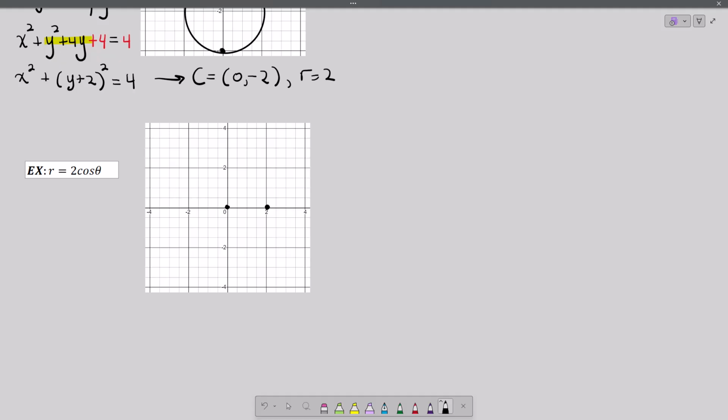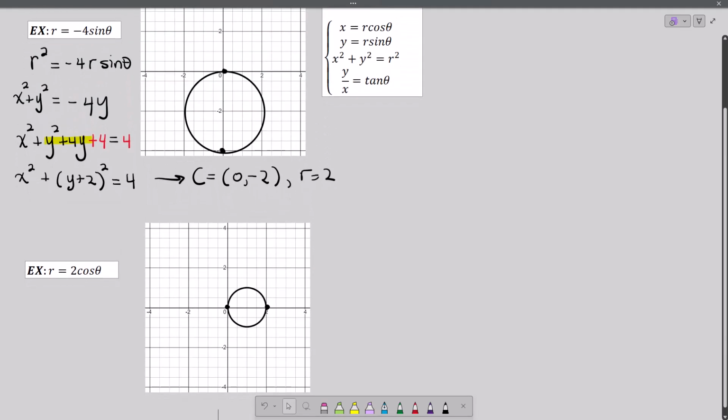Once again, we're only getting 2 points with the polar method of graphing. But that's enough. If we know that we have a circle tangent to the origin, now we know that we are going to have that circle right there.